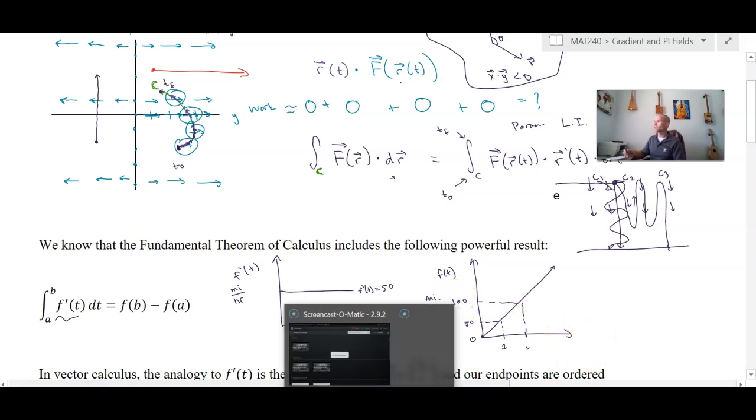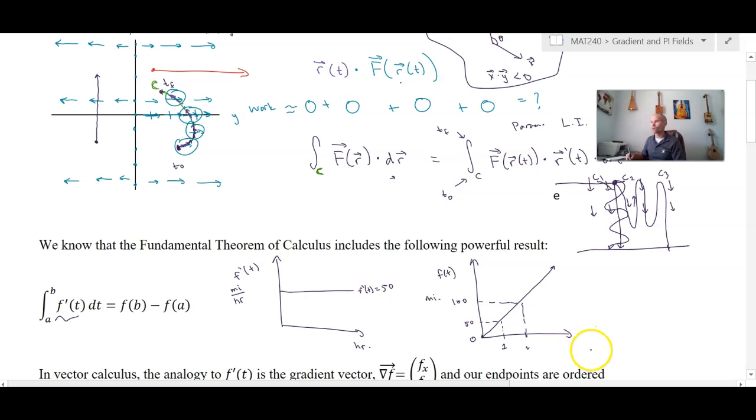So if I were to say that this right here is time equals b, and this right here is time equals a, and I wanted to find the total distance that car had traveled, well, I'm going to take the position at time b, and it doesn't have to be at t equals 0. The t equals a could be somewhere right here, for example.